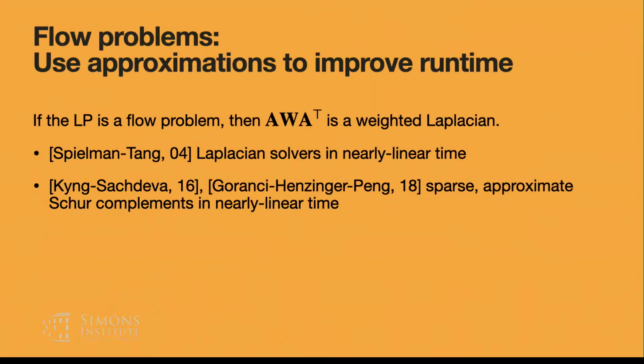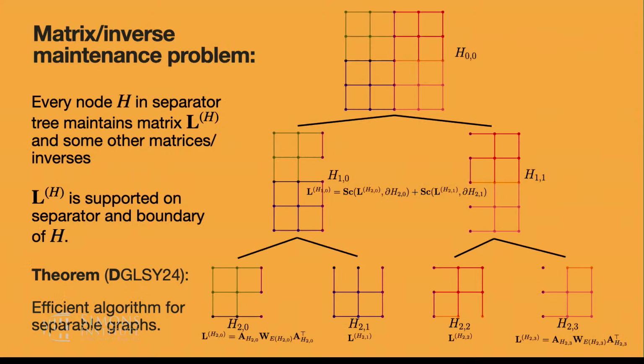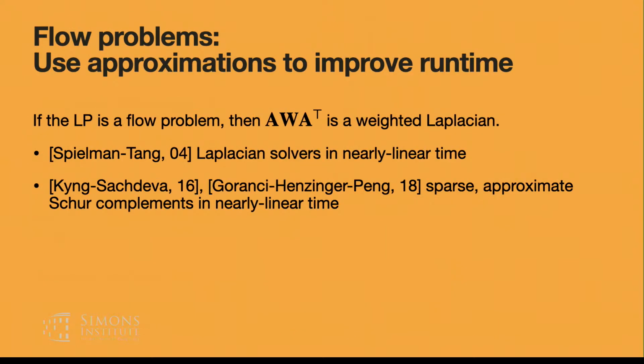Okay, so for flow problems, so far we've been talking about the general framework and general linear programs. For flow problems specifically, we know that if the LP is a flow problem, then this AWA transpose is a weighted Laplacian, because A here will be an adjacency matrix. And weighted Laplacians can be solved in nearly linear time.